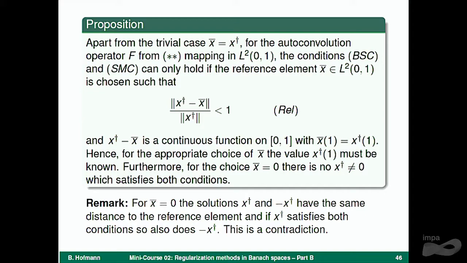This is only the question for the benchmark source condition. And a nice gag: if this reference element is 0, then you have x dagger and minus x dagger, and both are at the same distance to this reference element. So the minimum norm solution x dagger and minus x dagger have the same distance.